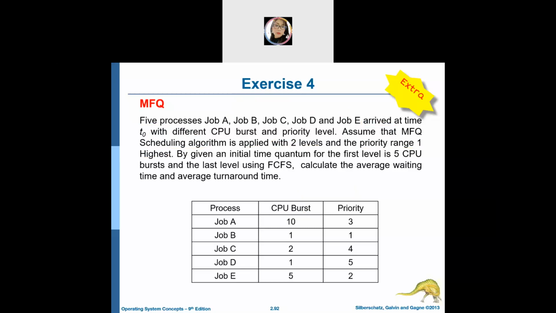After that, given an initial time quantum for the first level of 5 CPU bursts, and the last level using FCFS, you need to calculate, as usual, the waiting time and turnaround time. After you find the waiting time and turnaround time, you can calculate the average.